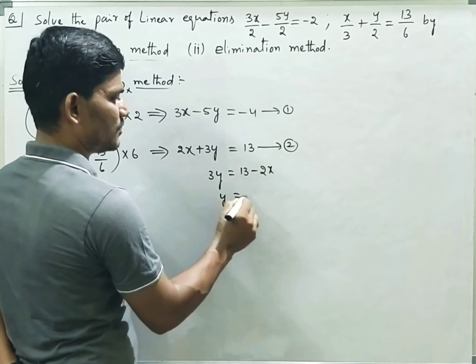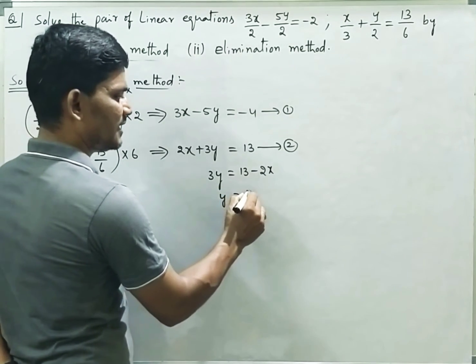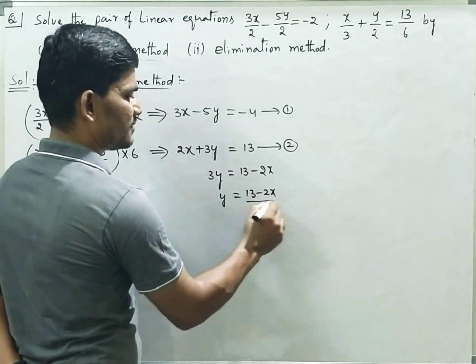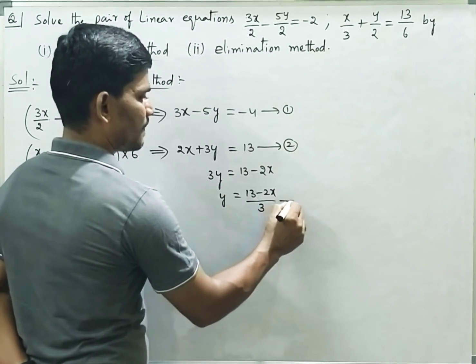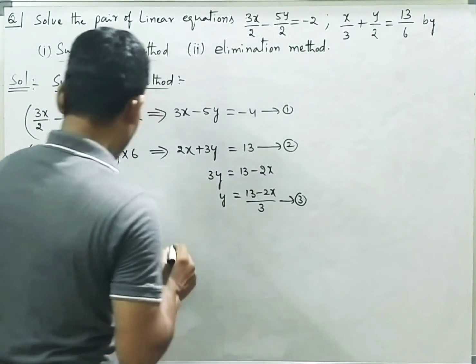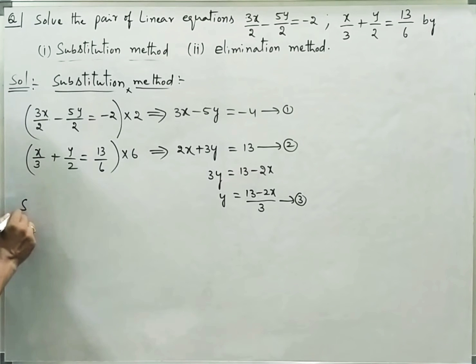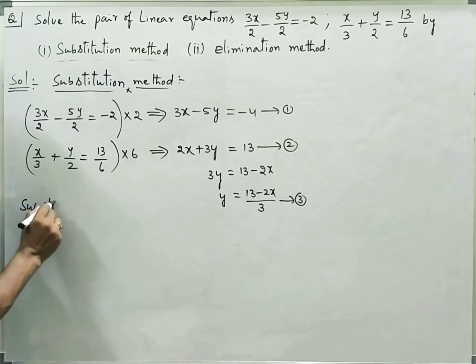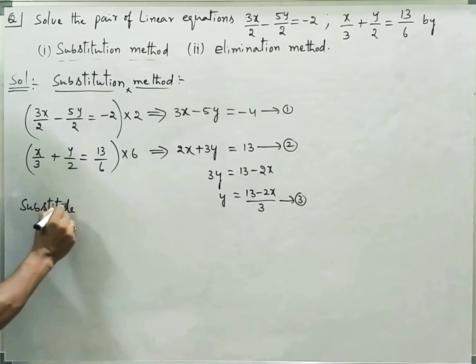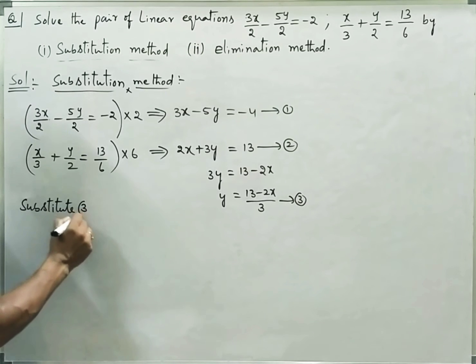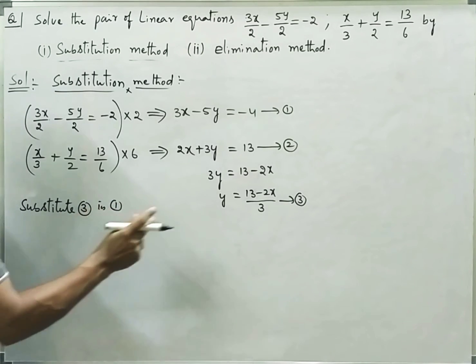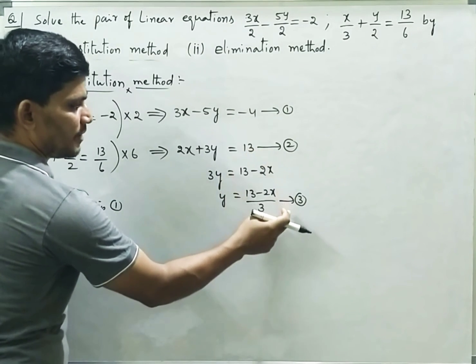Then y = (13 - 2x)/3. Let it be 3. Now substitute 3 in 1. So from 2 we have arrived at 3.